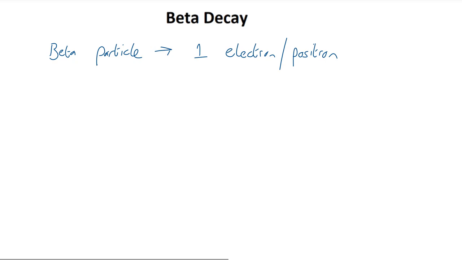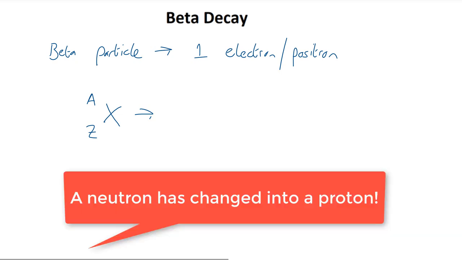To understand what happens to the unstable nuclei, let us look at beta plus and beta minus decay separately. First, remember, beta minus decay is the emission of an electron. In beta minus decay, a neutron is converted into a proton and a beta minus particle. Since this beta minus particle is released, in terms of the remaining nucleus, a neutron has changed into a proton.